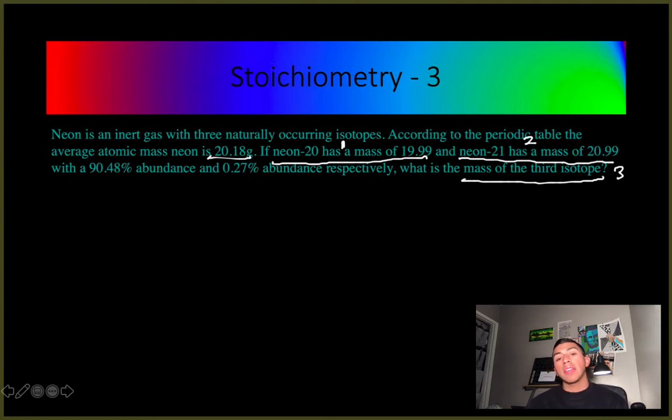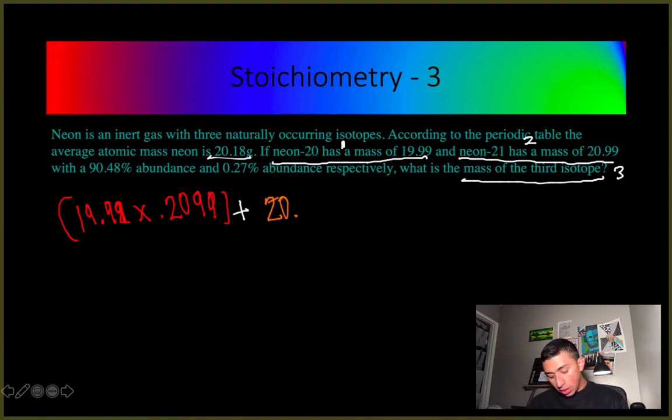If we were calculating our weighted average, we would set it up something like this: 19.99 times 0.2099 plus 20.99 times 0.0027.